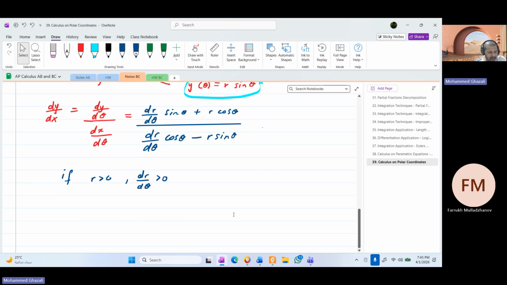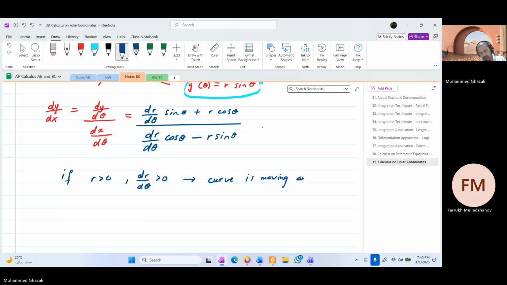If both of them are greater than 0, then the curve is moving away from the origin, right? And if r is positive and dr/d theta is less than 0, okay, then the curve is moving towards the origin.